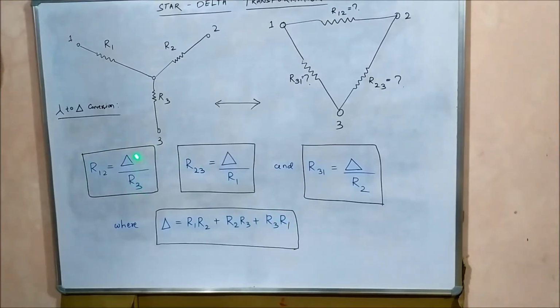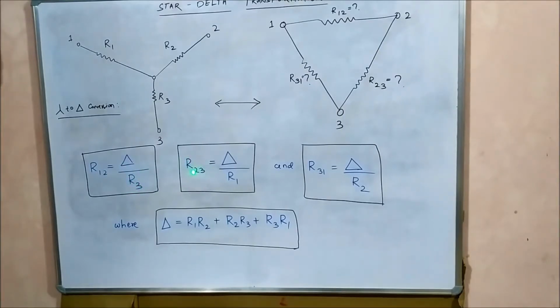So in order to calculate a particular resistance value, pay attention to the subscript. Here we have to calculate R12, so in the denominator we have R3. The missing number in the subscript is 3, which goes in the denominator as R3.